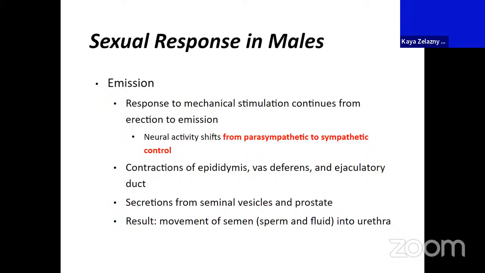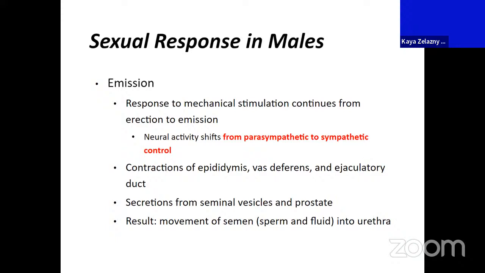So this is basically continued touching, and this is where we see our neural activity shift from the parasympathetic nervous system towards the sympathetic control of our tissues, sympathetic control coming from the autonomic nervous system.